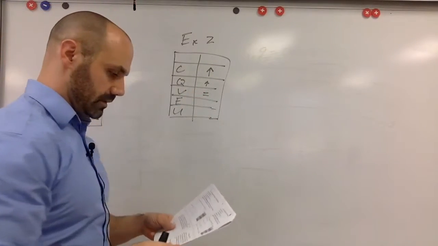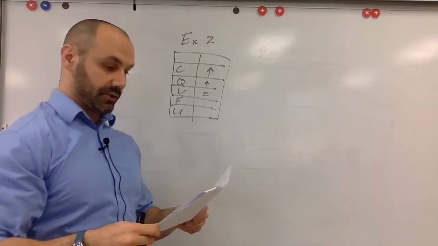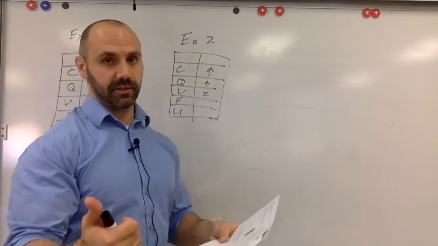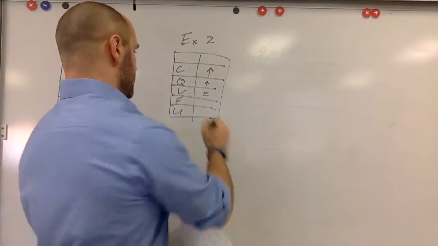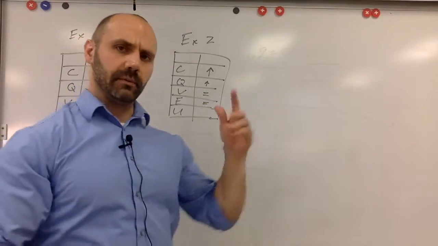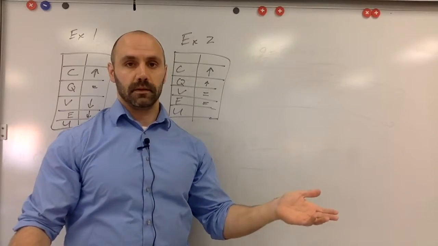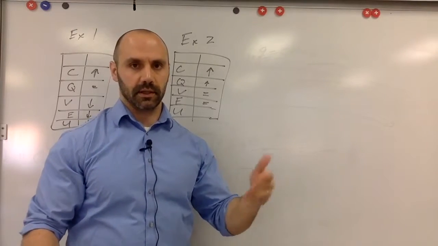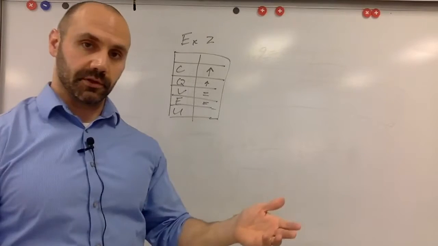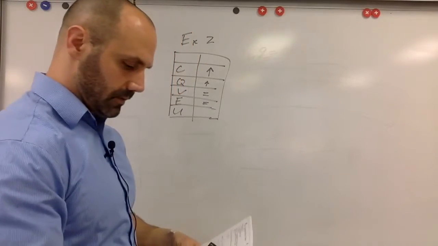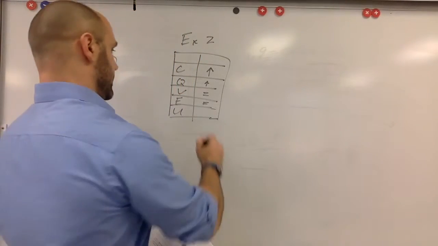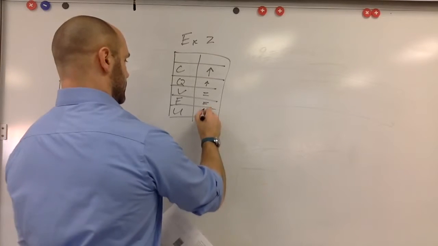And then the electric field is also going to remain the same, because the electric field just depends on potential difference and distance. And that should ring a bell from electric field. It doesn't matter what material it's going through. If it's an insulator and not a conductor, the electric field is going to remain the same.